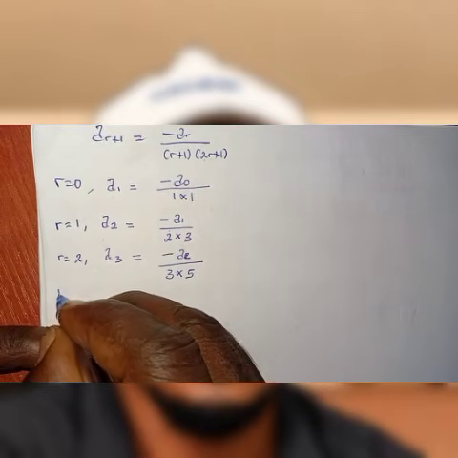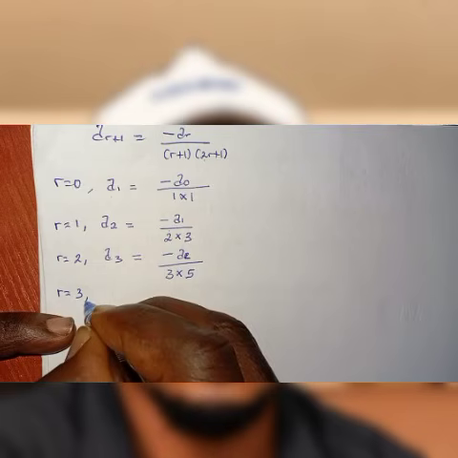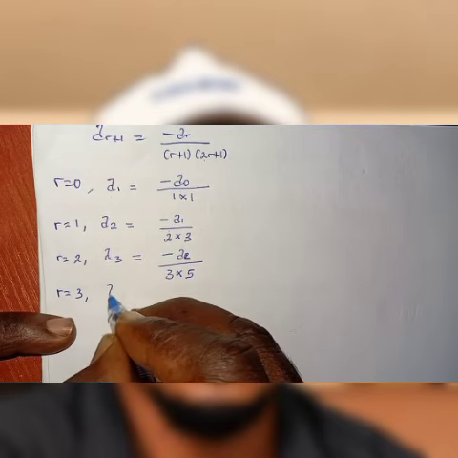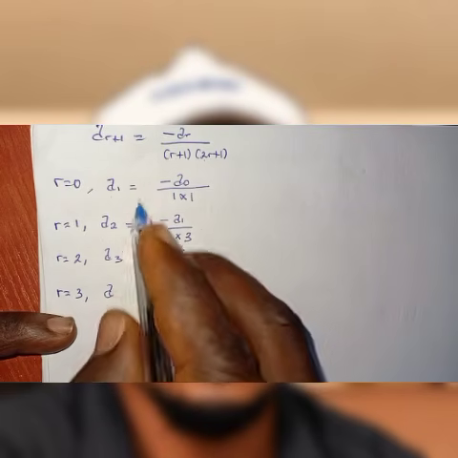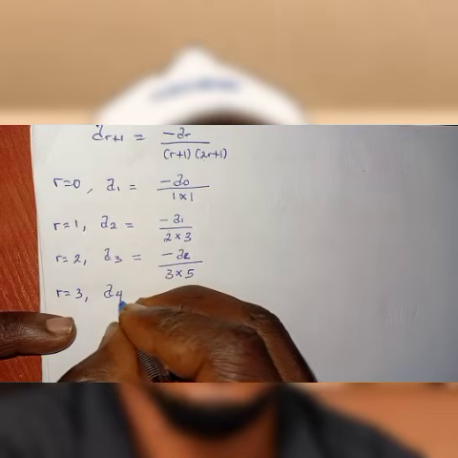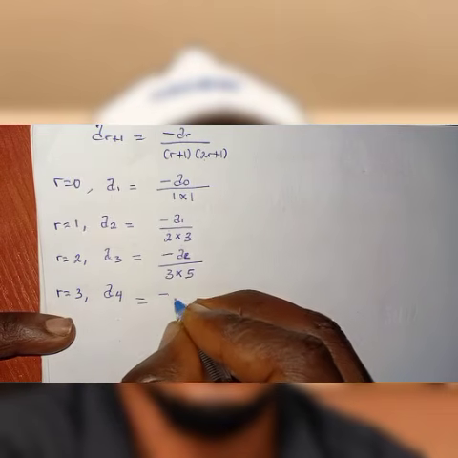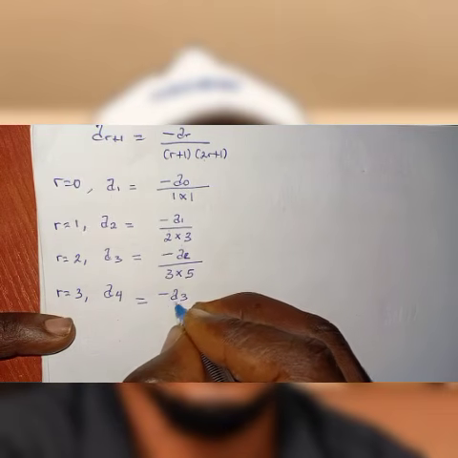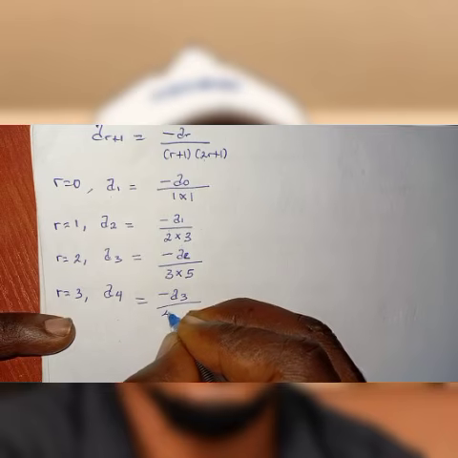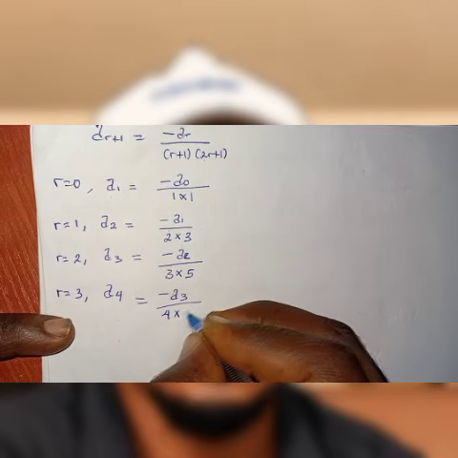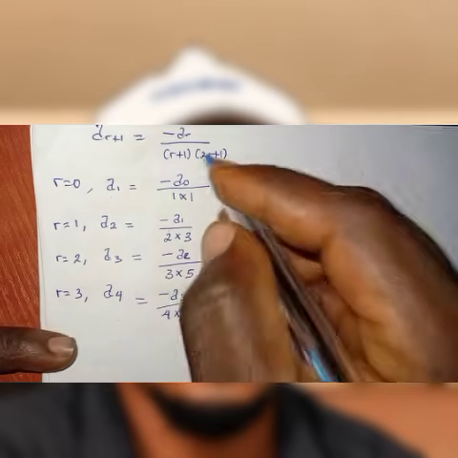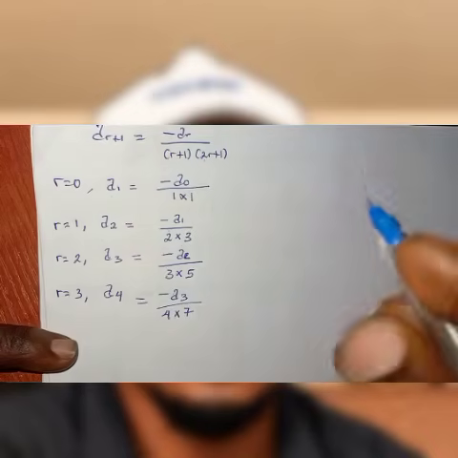Now when r equals to 3, you're going to have a_4, 3 plus 1, so you have 4, equal to minus a_3 over 4 multiplied by 7, 3 times 2 plus 1.